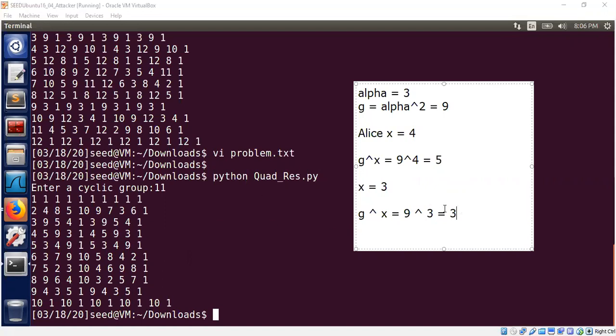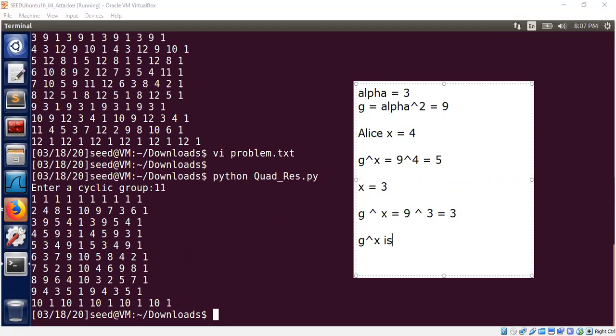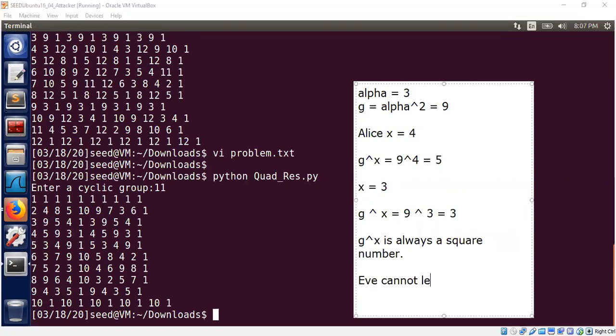So it doesn't matter whether x is odd or even. The answer that Eve is observing, G power x, is always a square number. Therefore, Eve cannot learn the least significant bit, as far as we know, using this technique, when using safe primes.